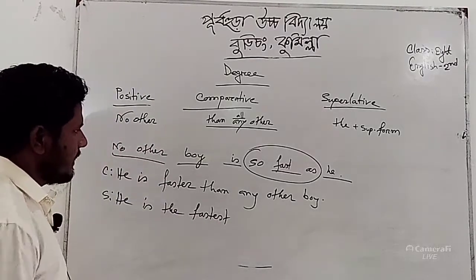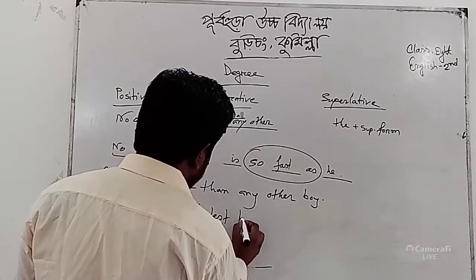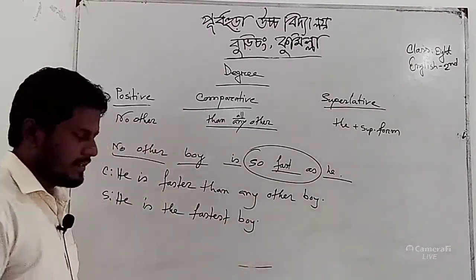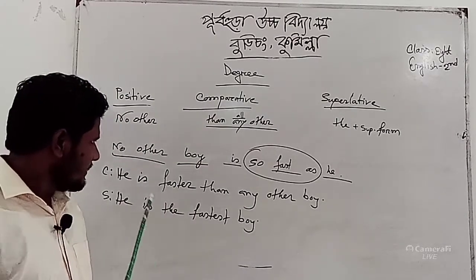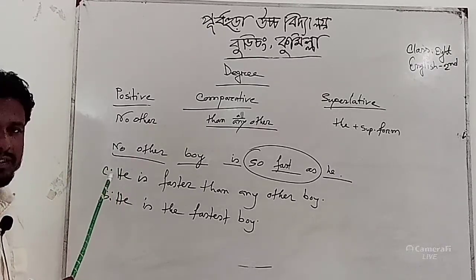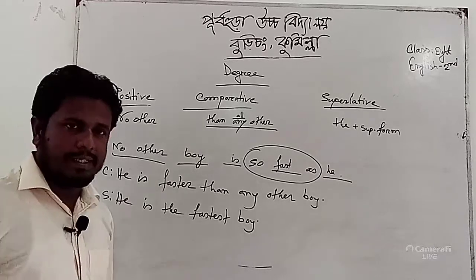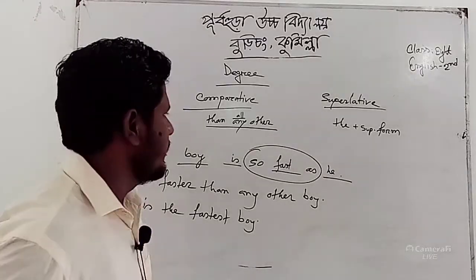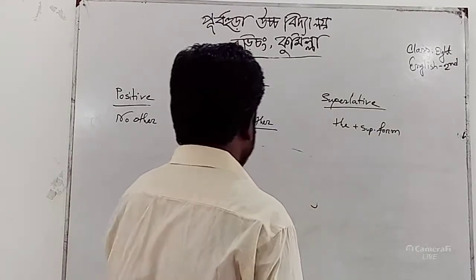He is the fastest, and then the first subject will come second. At the very beginning this is the positive degree, the second one the comparative, and the third one the superlative degree. I would like to show another example for you to better understand.